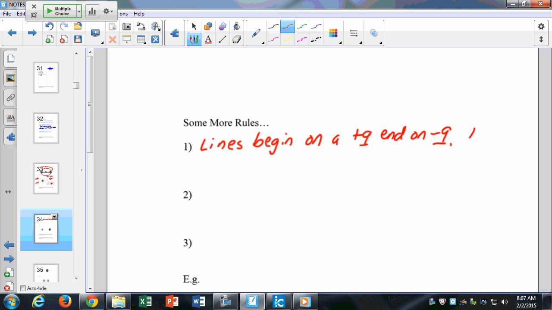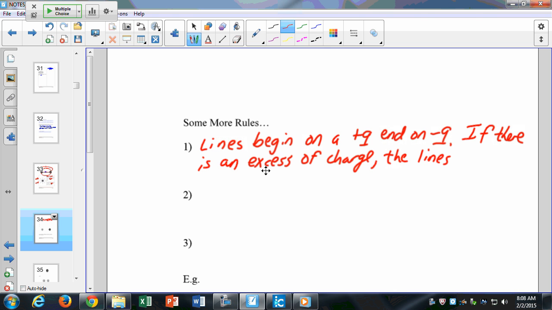If there's an excess of charge, the lines will end at infinity. I'll draw you a picture in just a second. Or the lines do not end. They just go off into space. I'll draw you a picture in just a second.